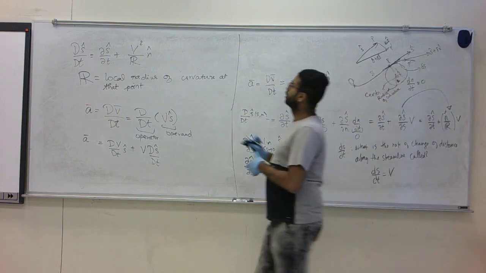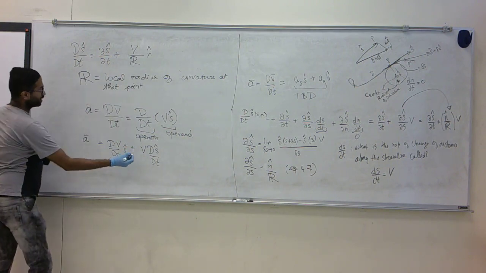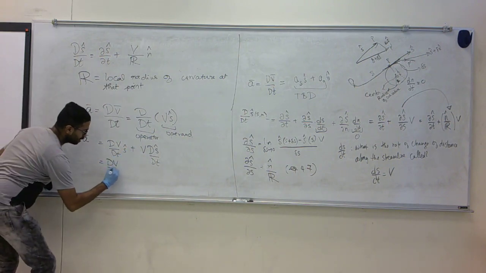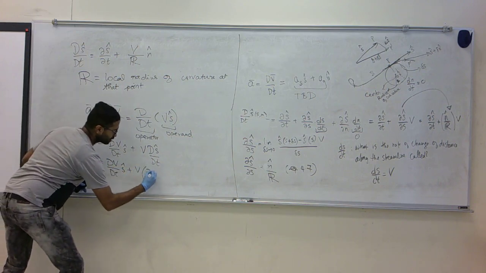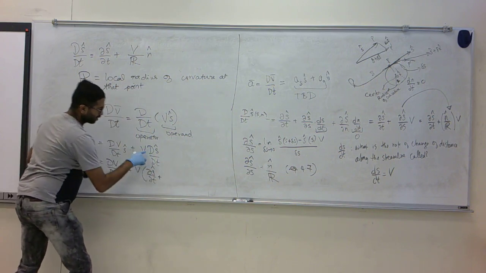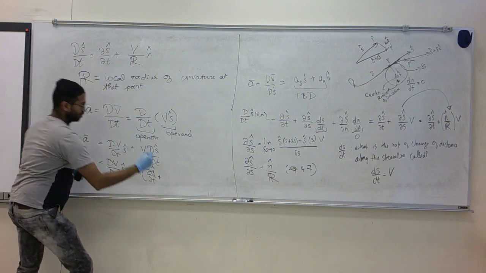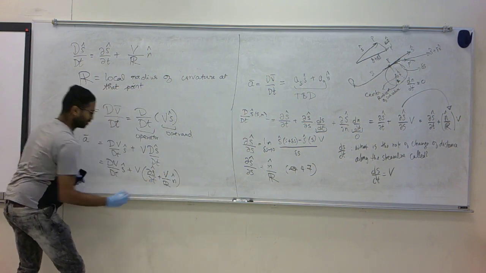Okay. So v over n. And then if I write this dv dt times s cap plus v times ds dt plus the second term, which is v over r times n cap.